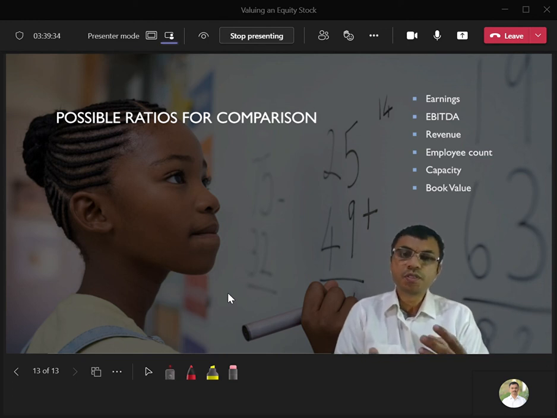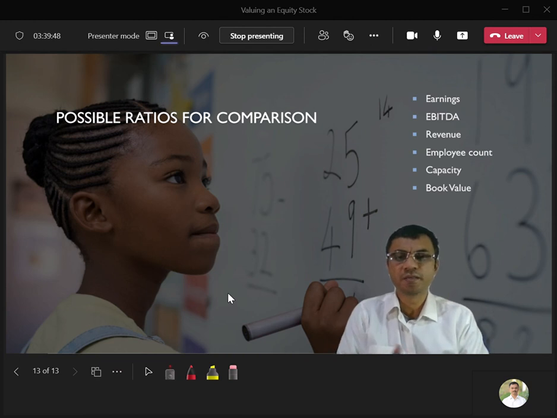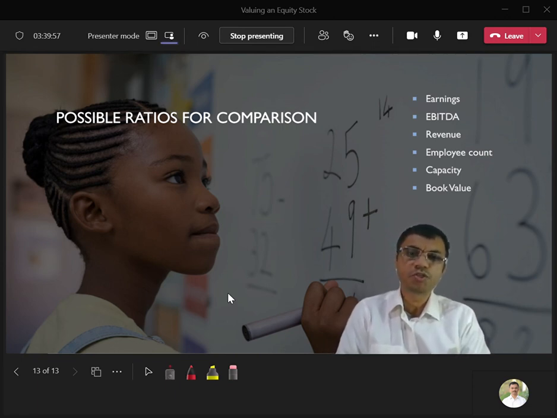You could use the employee count. If it's a bank, you could use the number of branches, or number of ATMs, or number of accounts. You could use capacity. Say if it's a power generation company, then we expect that the value of the company is proportional to its installed capacity of power generation.